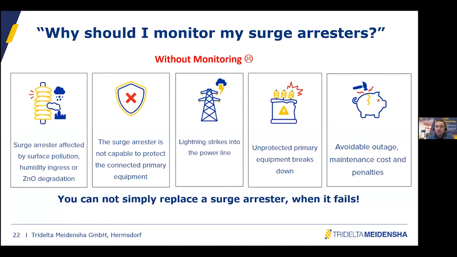So now I go back to the questions I had at the beginning. So why should I monitor my surge arresters? So exactly for that reason, as you saw on the previous slide.